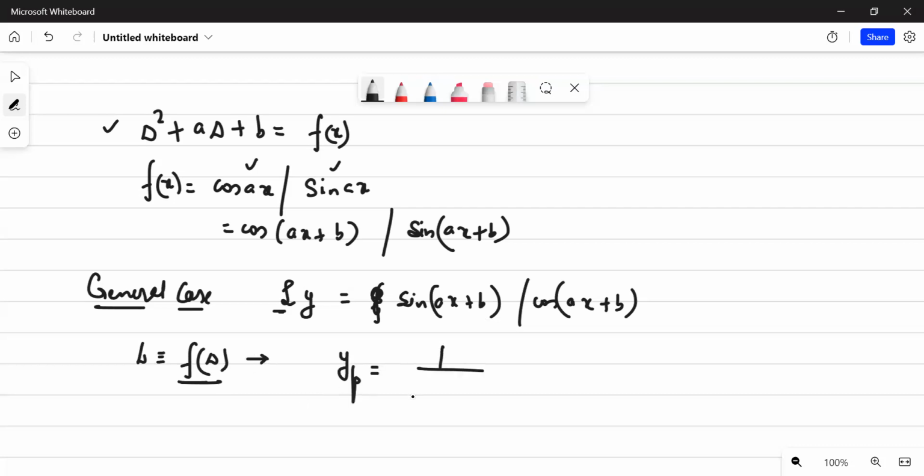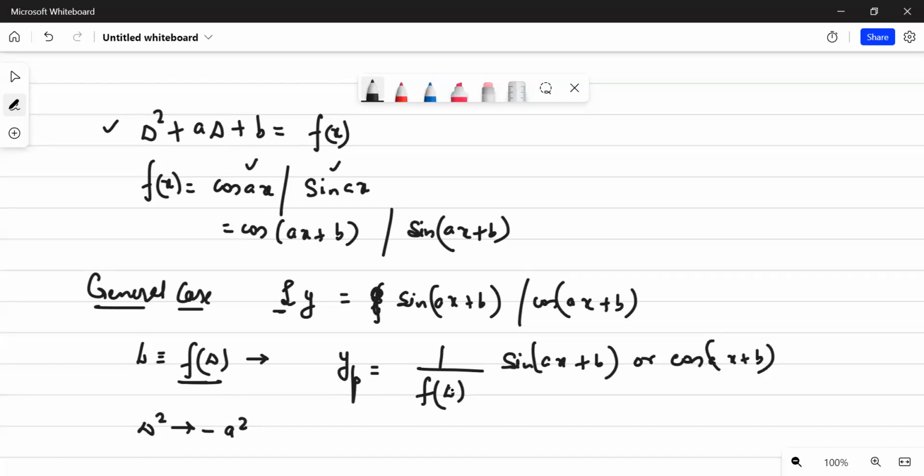The particular integral in that case will be 1 upon f(D) times sin(ax + b) or cos(ax + b). All you need to do is replace your D square by minus a square.